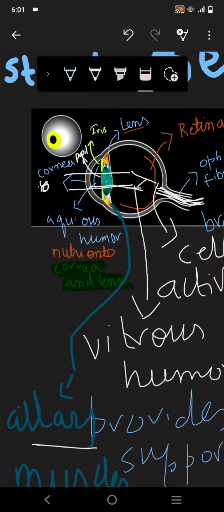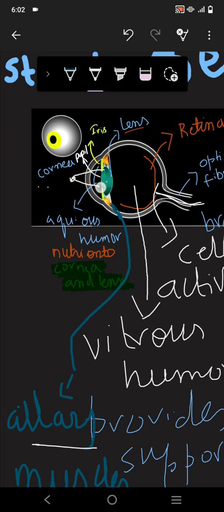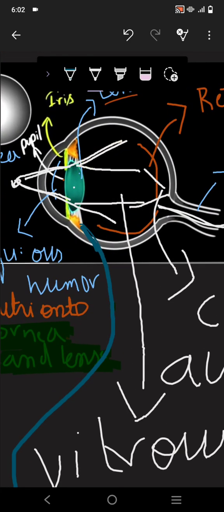Or for example, if the object is placed at a near place, the image will form over here. Now it will require more bending, because the light rays would otherwise go to this side and not bend.